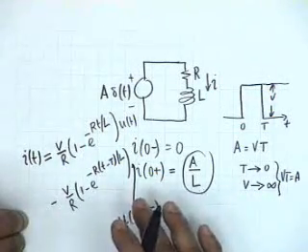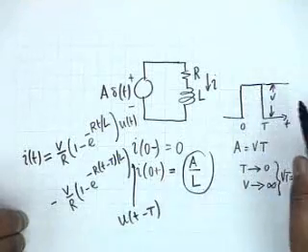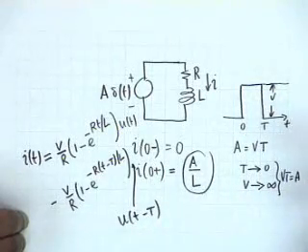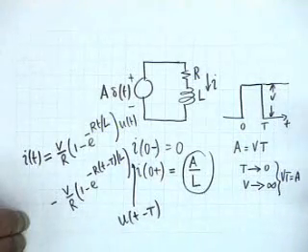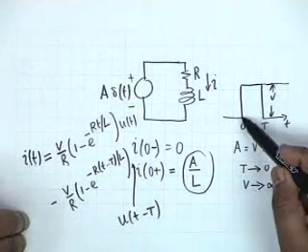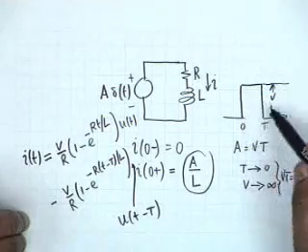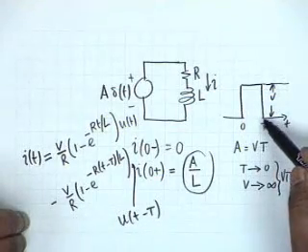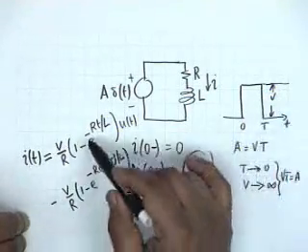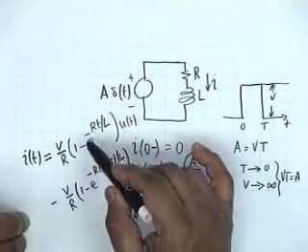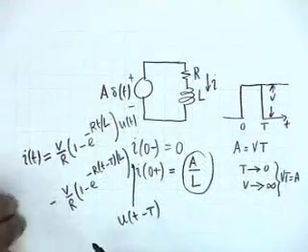This is by inspection, that the pulse has been resolved into two steps, one positive, one negative. The positive one occurs at small t equal to 0, the negative one at small t equal to capital T, and therefore it is the superposition of these two responses.